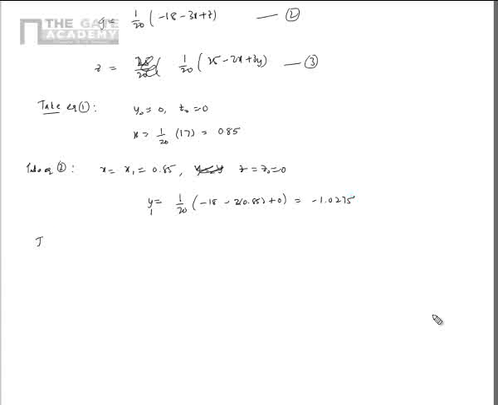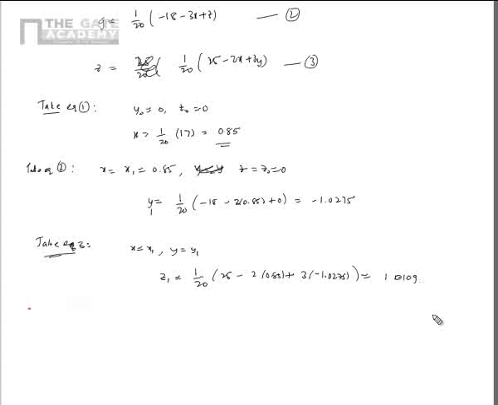Now take equation 3. Immediately once you get x, you use it in the next step. That's the immediate usage of the approximation. In equation 3, x is x1 and y is y1, so z1 is 1 by 20 into 25 minus 2 into 0.85 plus 3 into minus 1.0275. So this will be 1.0109.